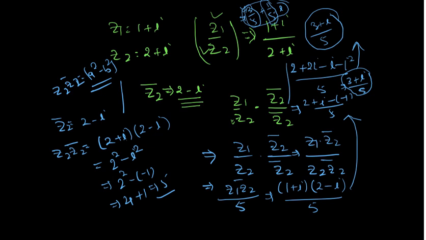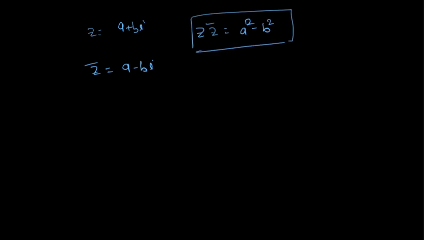So whenever you have a number like a plus bi, and you want to calculate its complex conjugate, then z bar is equal to a minus bi. And if you multiply these two numbers, z and z bar, actually you will get a square plus b square. Clear? Yes. This is the meaning of complex conjugate.